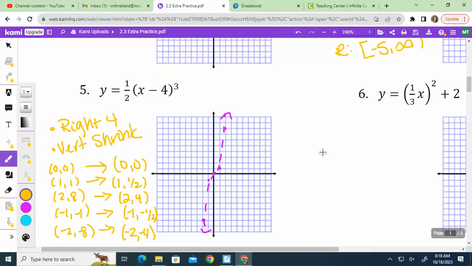So 0, 0 would stay here, but then we have to take it right 4. 1, 1 would go to 1, 1/2, then right 4. 2, 8 would go to 2, 4, then right 4. -1, -1 would go to -1, -1/2, then right 4. -2, -8 would go to -2, -4, then right 4. So we get a slightly fatter looking graph. Shifted up.